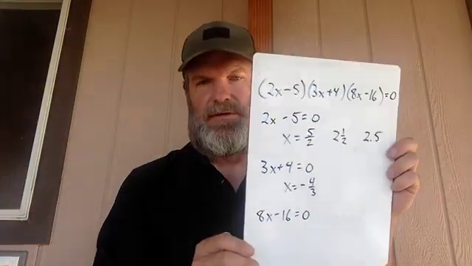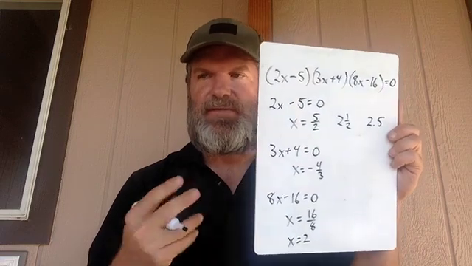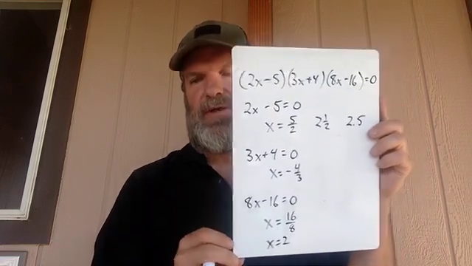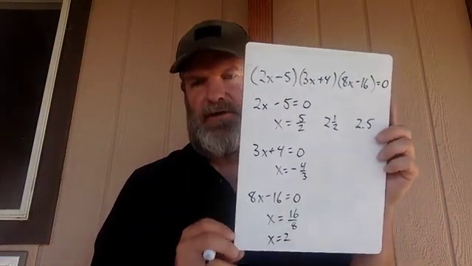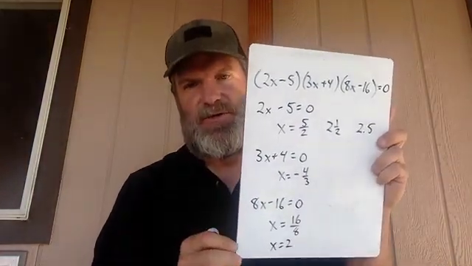All right, and then the next 2 are pretty similar. So you would subtract 4 and divide by 3, so you get x is equal to negative 4/3. So that's 2 x-intercepts so far. And then the third one, you would add 16 and divide by 8. So you would get x is equal to 2. So this particular problem would actually have 3 x-intercepts, which means it's not a quadratic. Well, it's not. x is going to be cubed in this problem.